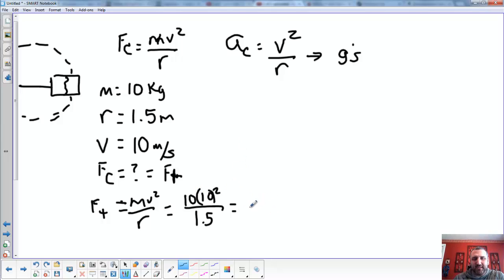100 times 10 is 1,000 over 1.5. So 1,000 divided by 1.5, 666.7 newtons.